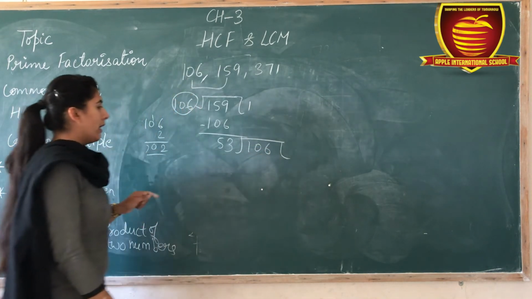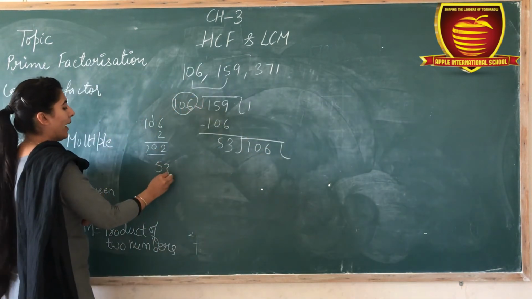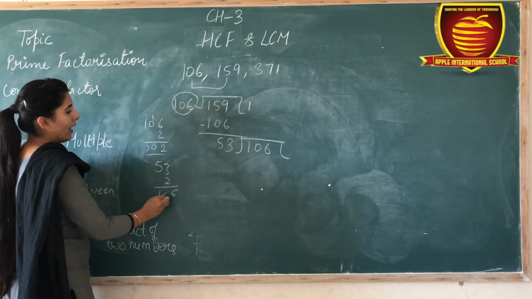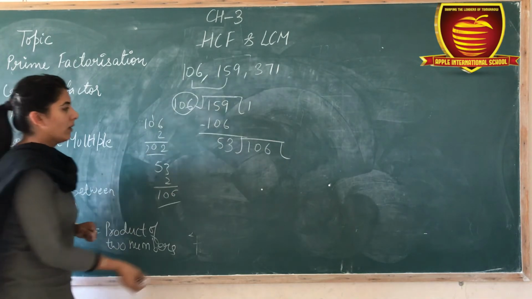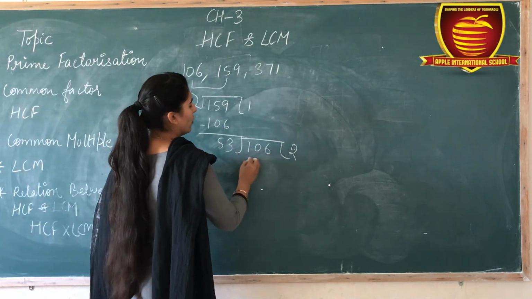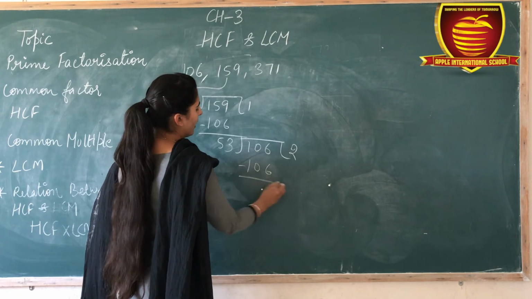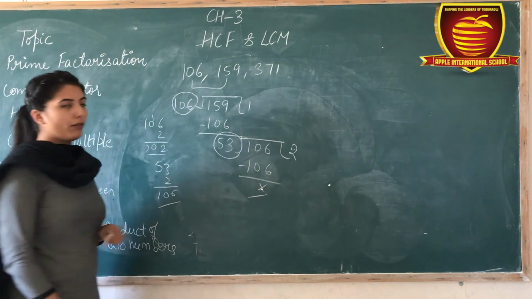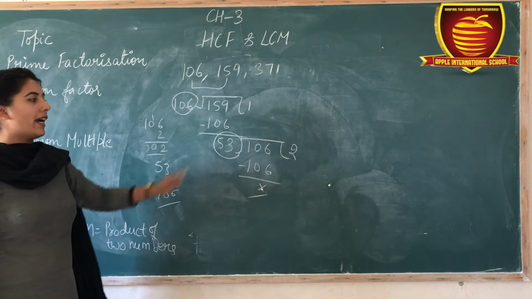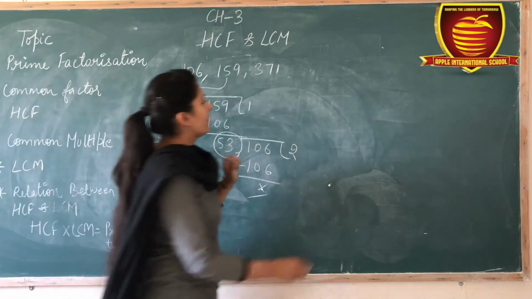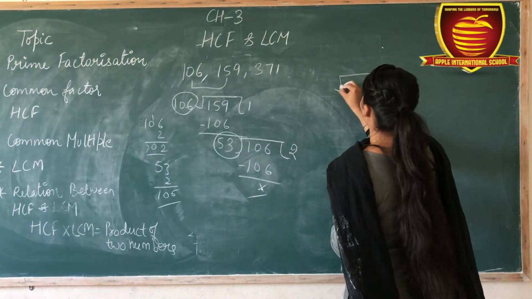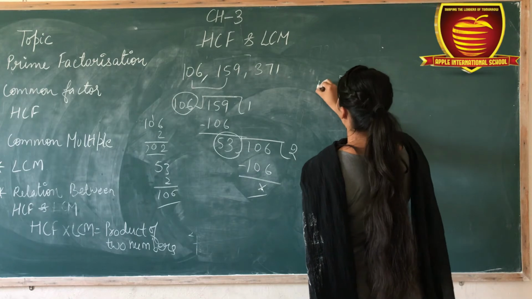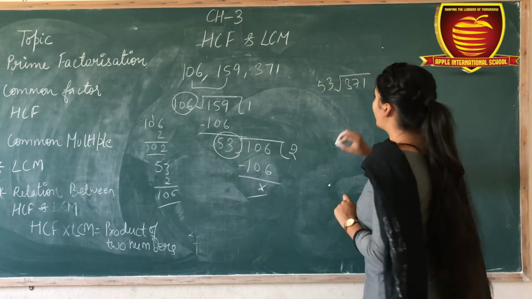If we multiply 53 by 2, we get 106. So here we can write 106. So the highest common factor is 53. So divide 731 by 53. 371 divided by 53.